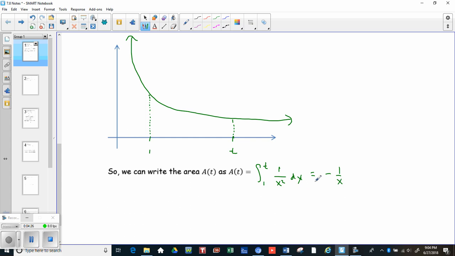We'll evaluate that from 1 to t. Plugging in t, we get negative 1 over t, minus, plugging in 1, negative 1. That minus minus becomes plus, so I can write the 1 out in front and then minus 1 over t. That would be the area between 1 and t of 1 over x squared.